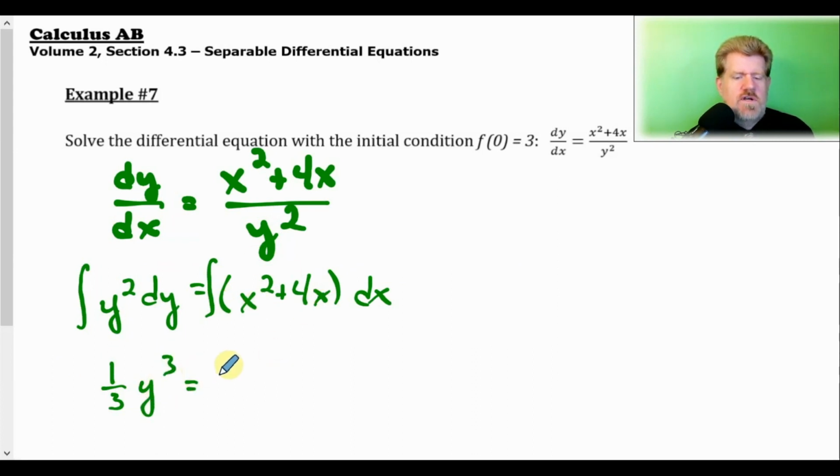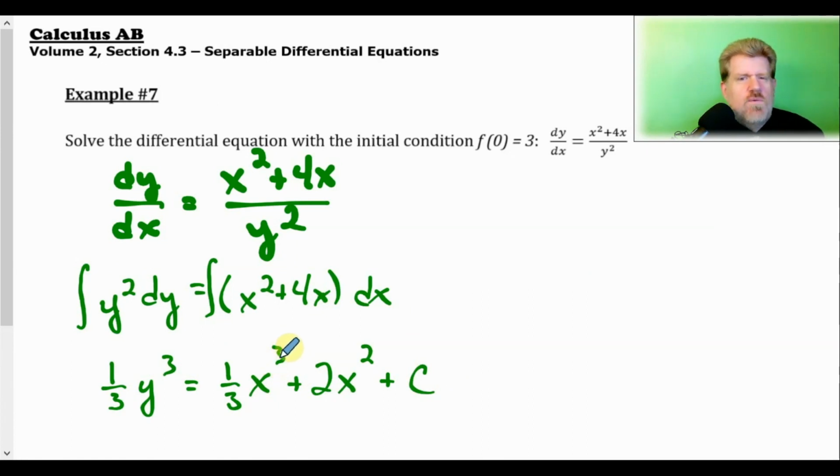Antiderivative of x squared is 1/3 x cubed. Antiderivative of 4x, I'm going to raise it by 1, 2, divided by 2 is 2x squared, plus some constant. All right, everybody with me? Antiderivative, antiderivative, antiderivative, plus c for the constant.